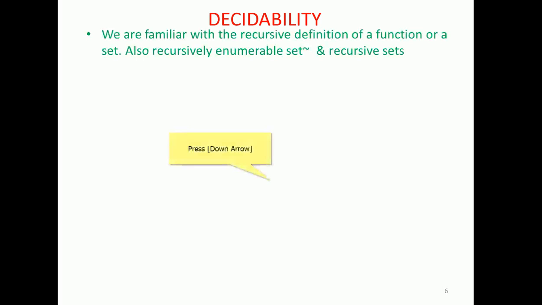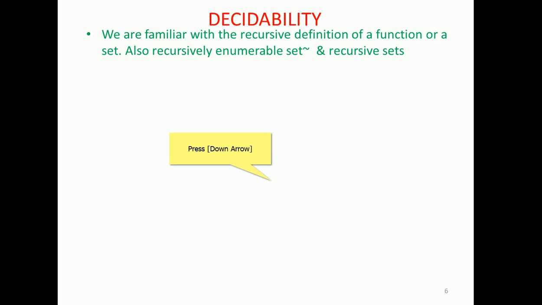So let me talk about decidability. We are familiar with the recursive definition of a function or set, the recursive set, and also the recursively enumerable set, right?